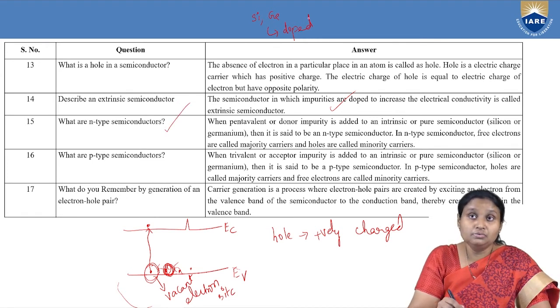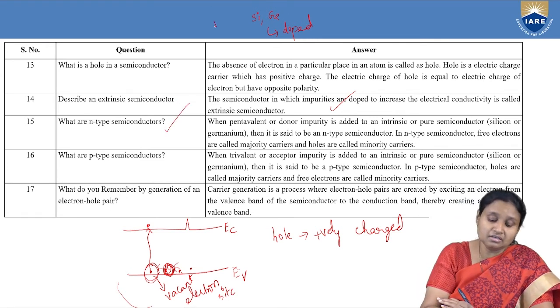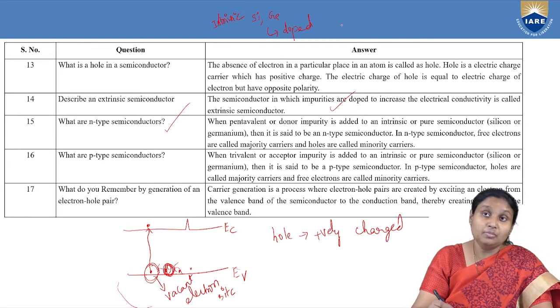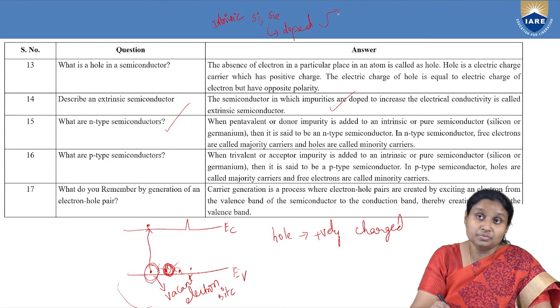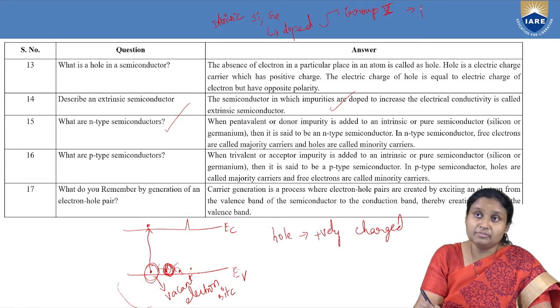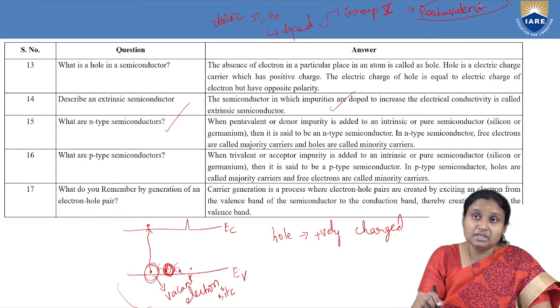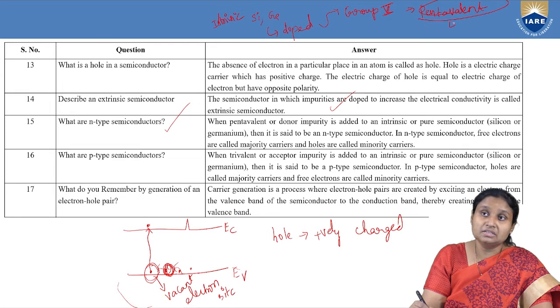Then next we have n-type semiconductors. As I told you, we'll take intrinsic semiconductors and dope them with impurities, and depending upon what type of impurity we are doping, suppose we are doping group 5 elements, these are called pentavalent impurities. If we dope intrinsic semiconductors with pentavalent impurities, such semiconductors are called n-type semiconductors.